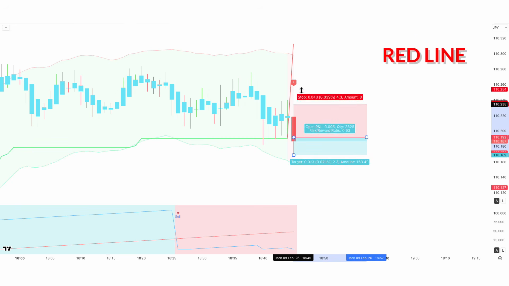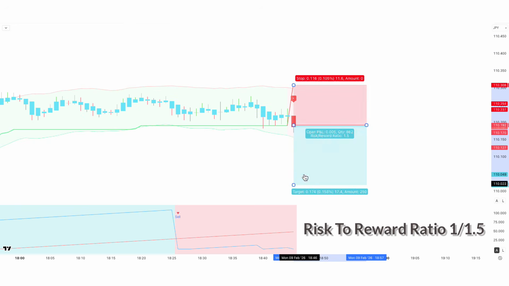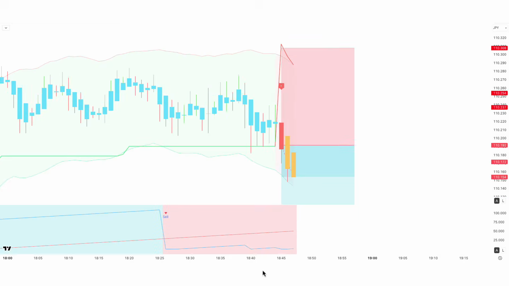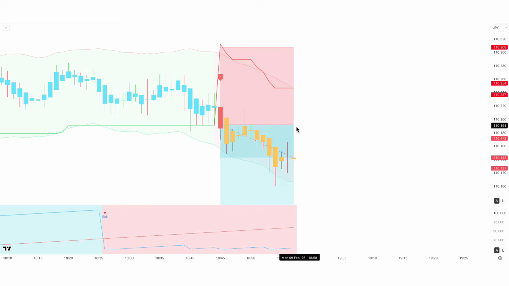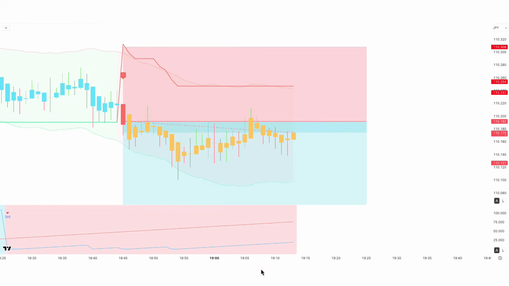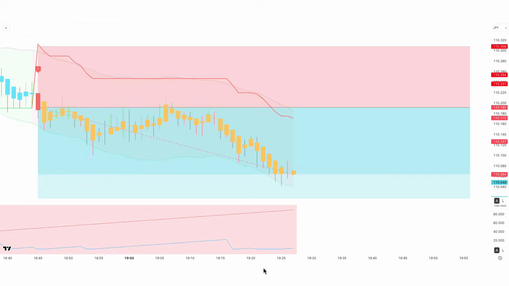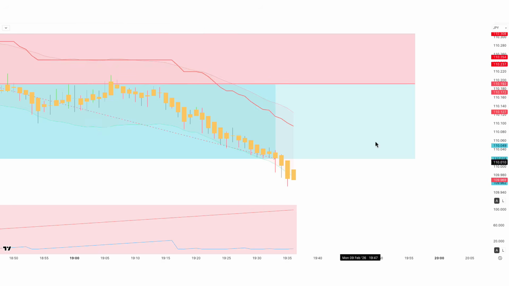Our stop loss is to be placed at the red line, and the risk-to-reward ratio will be 1:1.5. Let's see what happens to our trade. Our trade is running in profit. We have won the trade.